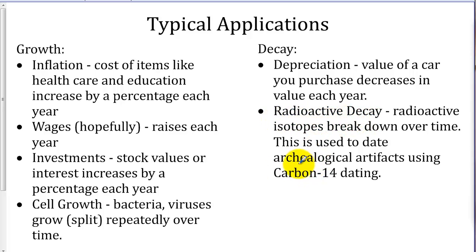In archaeology we find fossils and artifacts, and we want to know how old they are, and we use something called carbon-14 dating. The isotopes in carbon decay, and the rate at which they decay is an exponential model. So you can see this particular function has lots of real-world applications. That's why I like it.